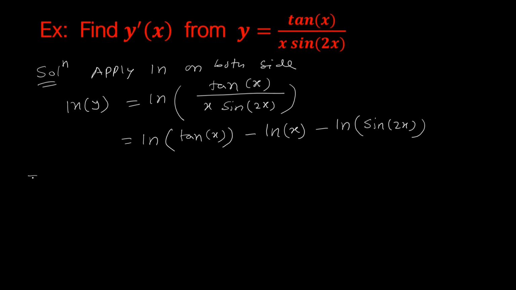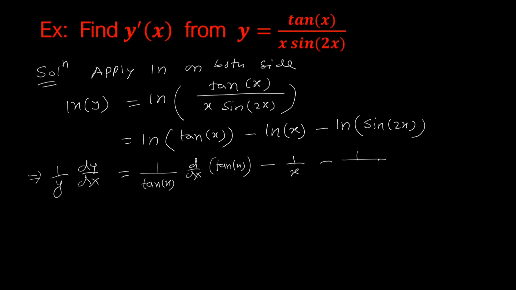Then by taking the derivative we will have 1 over y dy dx, which is equal to, the ln derivative is 1 over tan x, then derivative of tan x, minus 1 over x, minus 1 over sine 2x derivative of sine 2x.